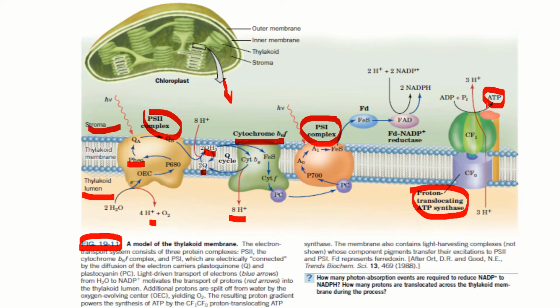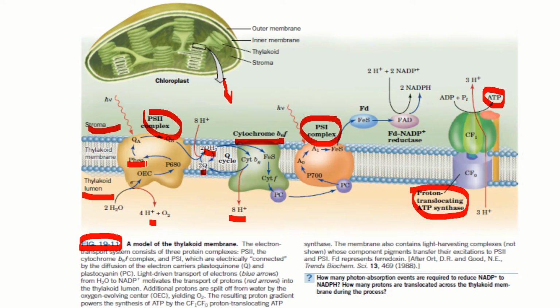Because synthesis of ATP is being triggered by light. Ultimately, it is being triggered by light, so we call it photophosphorylation. And the electrons are flowing in a non-cyclic manner. Therefore, we call it non-cyclic photophosphorylation. Don't worry, we will see one more slide about this one.